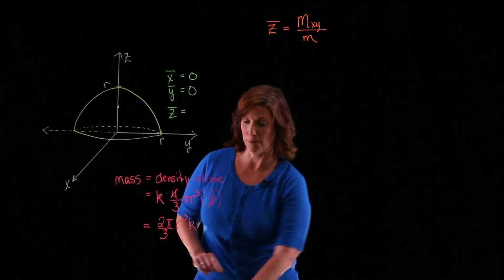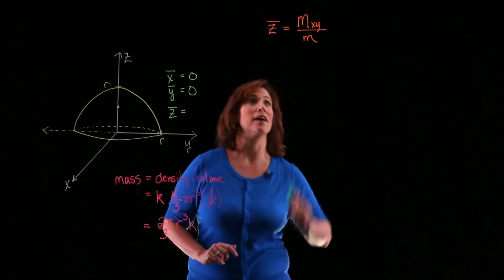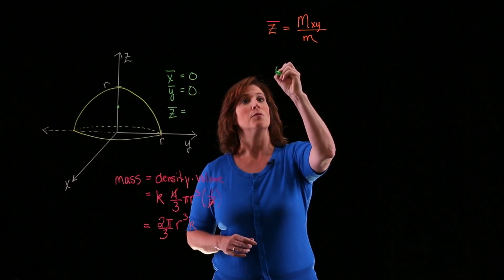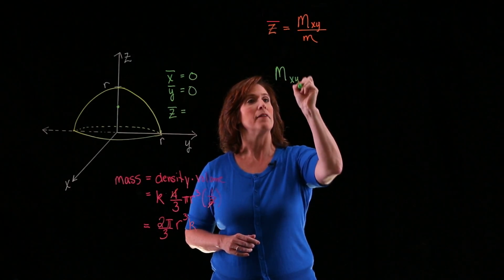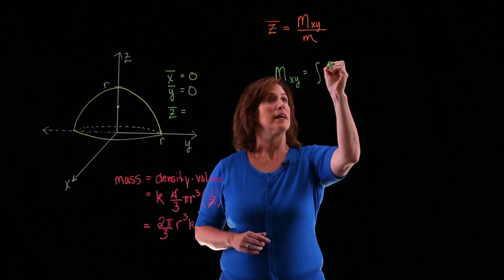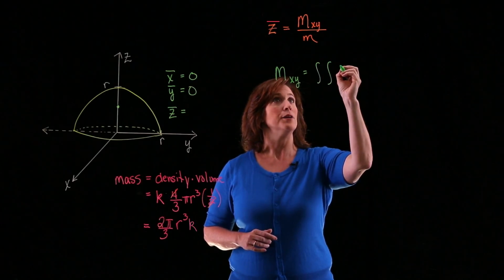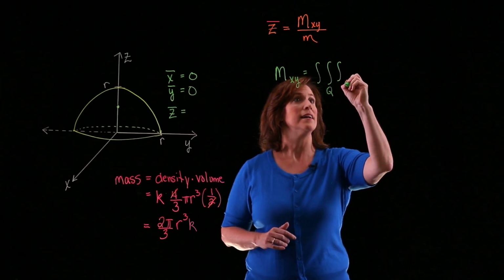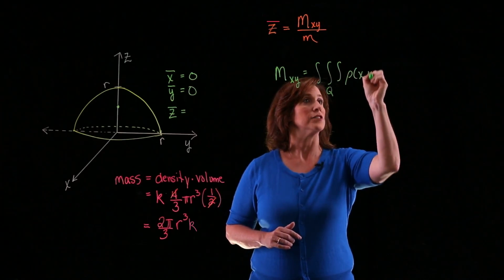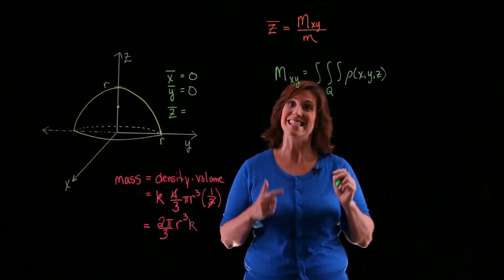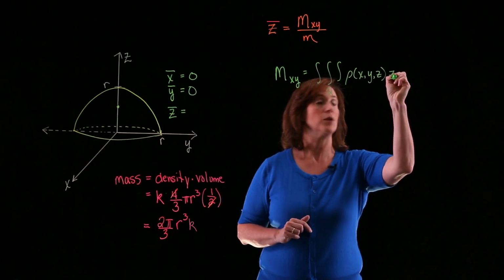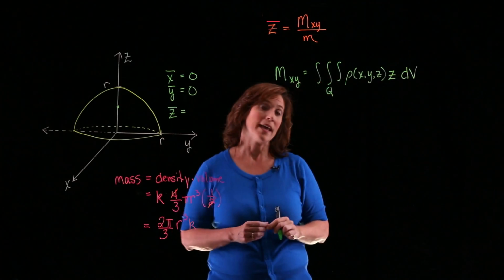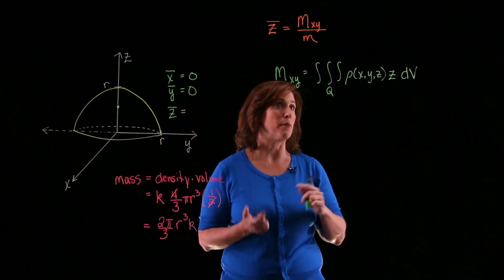Okay, the next piece to this puzzle is I need to find out what that moment is about the xy plane. So the moment about the xy plane can be calculated by using a triple integral, and I'll have the density function times the distance to the xy plane, which is z, dv. Now I was asked to use spherical coordinates, so I'm going to convert this.